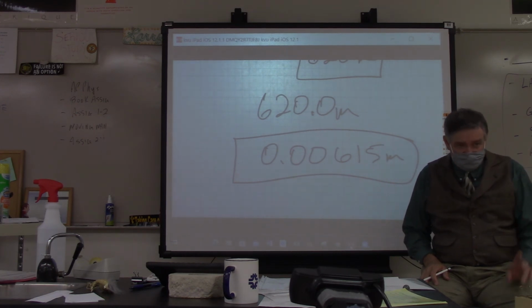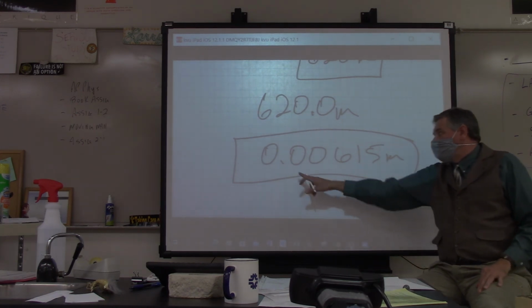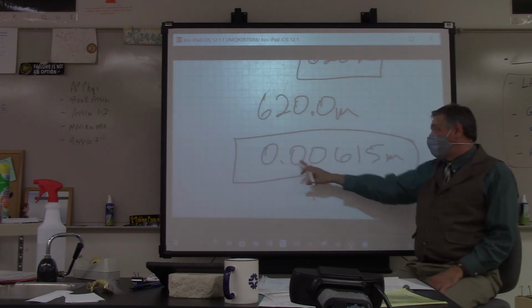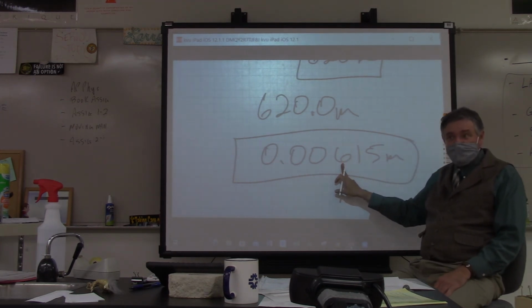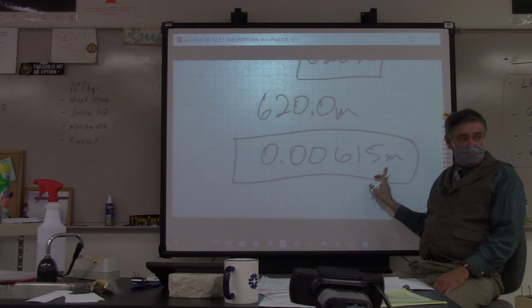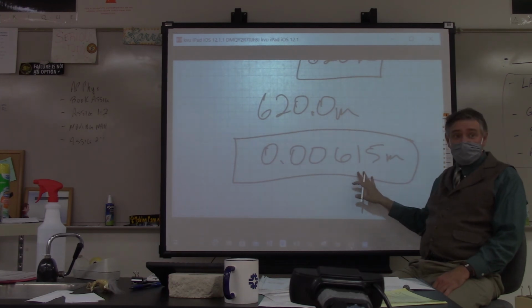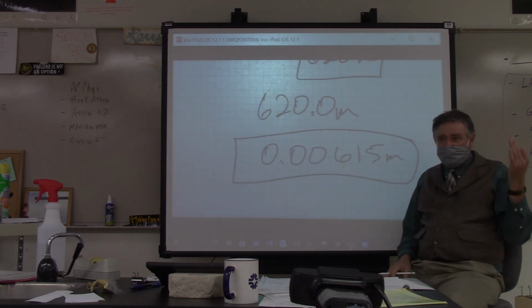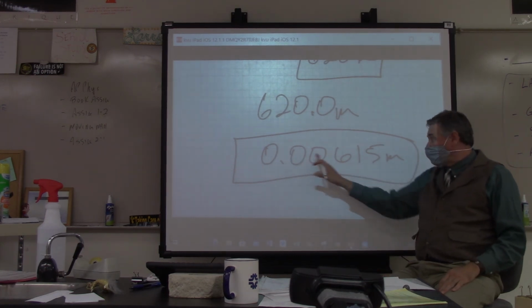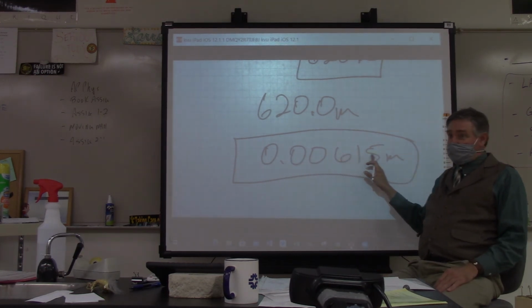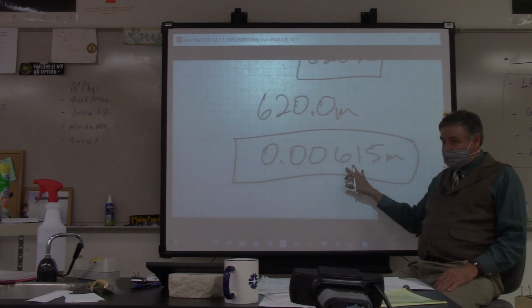There's a decimal place, right? You find the first non-zero digit, and you count everything to the right. So this one still only has 3 significant digits.